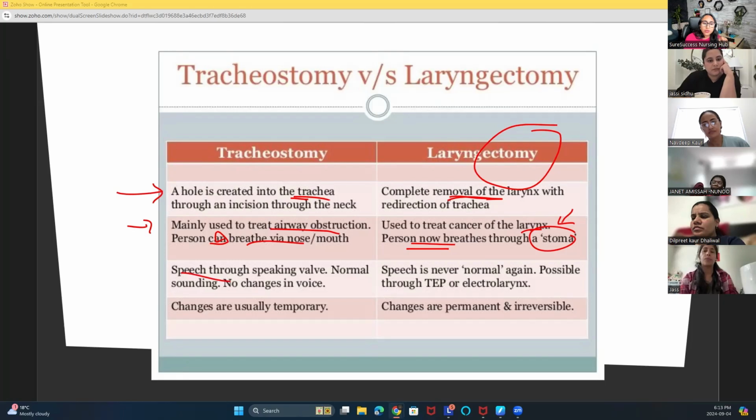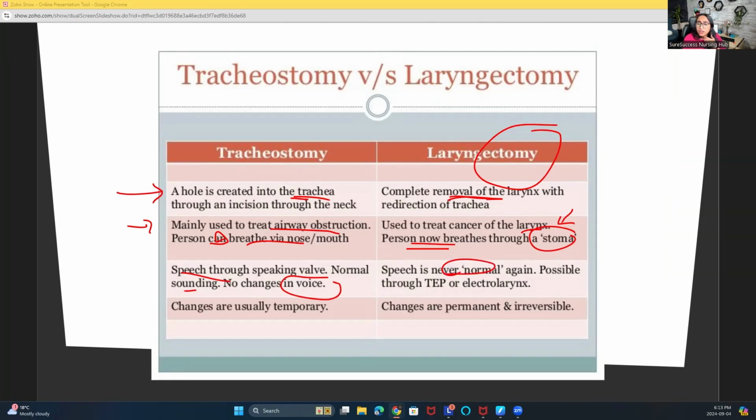Speech through the speaking valve in tracheostomy is normal sounding, no changes in the voice because you still have the larynx. After laryngectomy, speech can never be normal again. But if we have an electrolarynx, there are many things available, TEP devices, tracheoesophageal puncture, and there is a kind of mic. They are creating a sound.